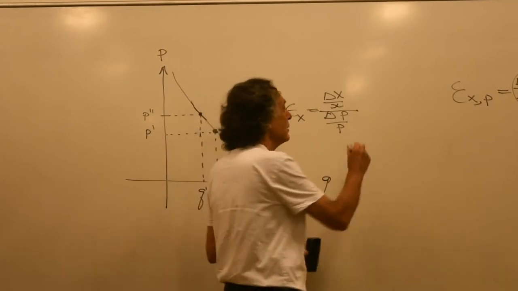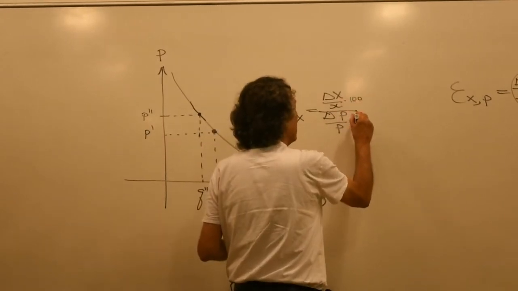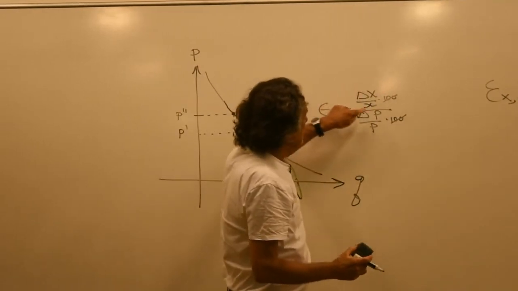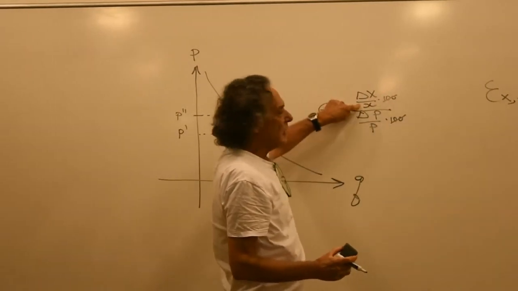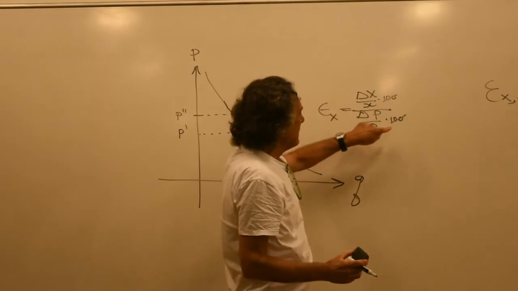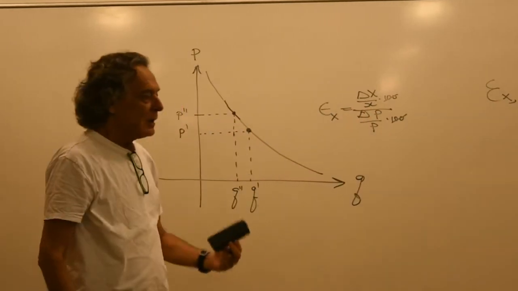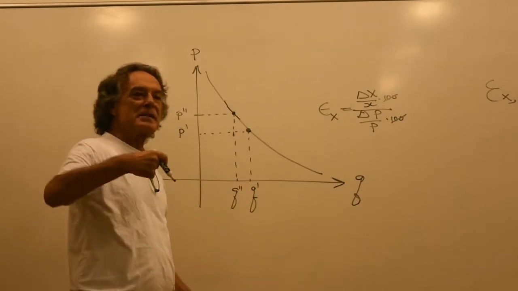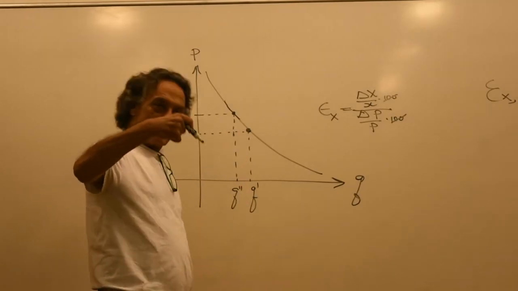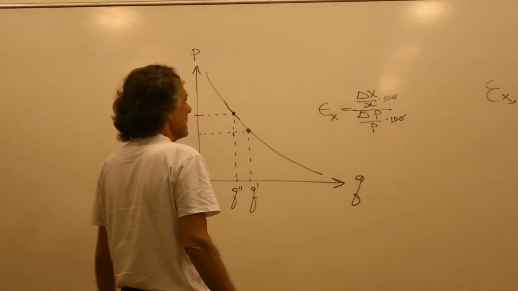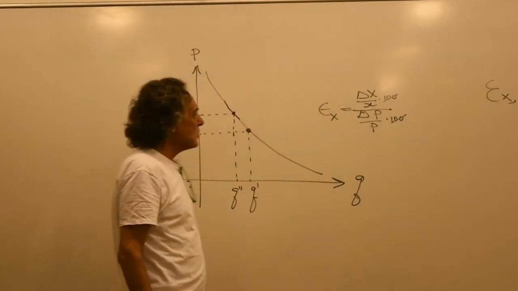If you want a percentage term, I should multiply each one by 100. So that will be the percentage change of x divided by the percentage change of p. I get it by the percentage change in x per 1 unit of change in the price p.